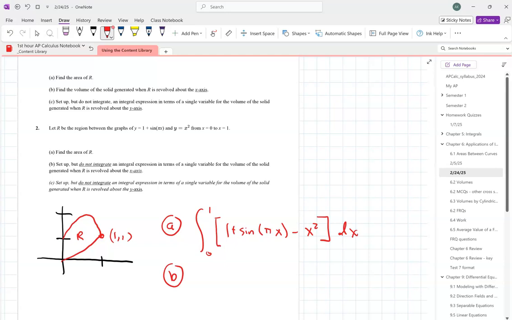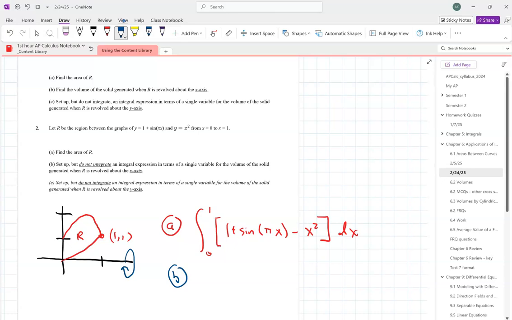So then it says set up, but do not integrate, an integral expression in terms of a single variable for the volume of the solid when it's rotated about the x-axis. So if we're going this way, we're going to have kind of a heart shape, but it'll be really deep. That's kind of what that looks like.